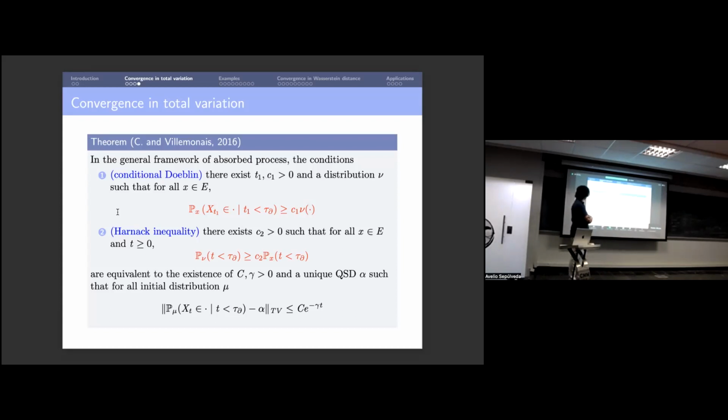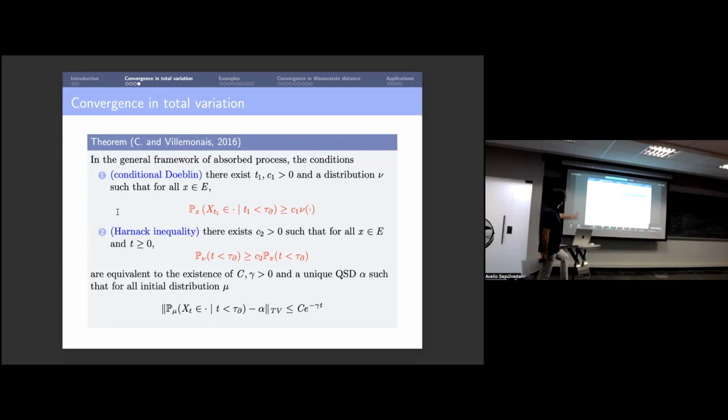And the second one is comparison of probabilities of survival. And so it writes in the following way: starting from anywhere you cannot survive much better than starting from nu. This is what is written here. So if you start from any x, then it's bounded, up to some constant c2, by the probability of survival starting from nu, and this has to be uniform with respect to t, so for any t.